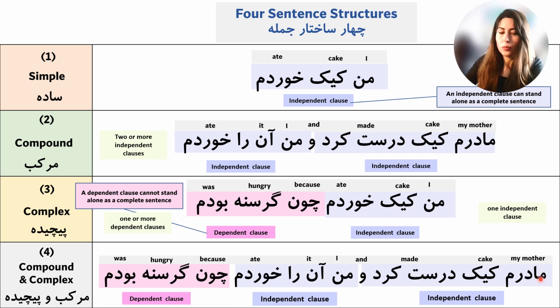For example, my mother made a cake and I ate it because I was hungry. So it consists of 2 or more independent clauses and 1 or more dependent clauses. In this lesson, we are going to learn how to expand our sentences from a simple sentence to a more complex sentence, or maybe a compound and complex sentence.